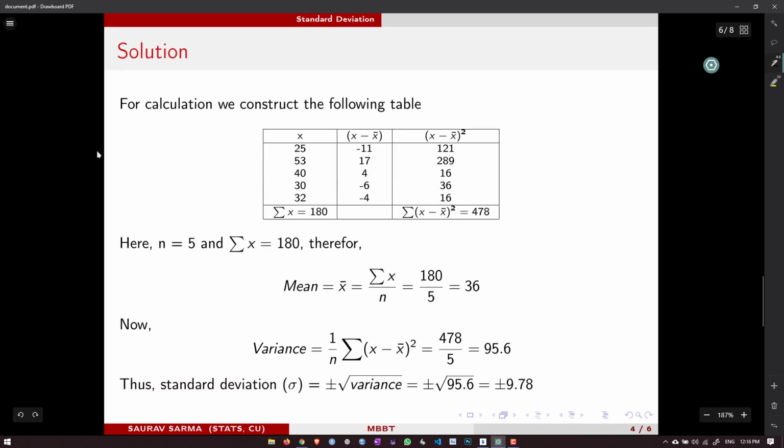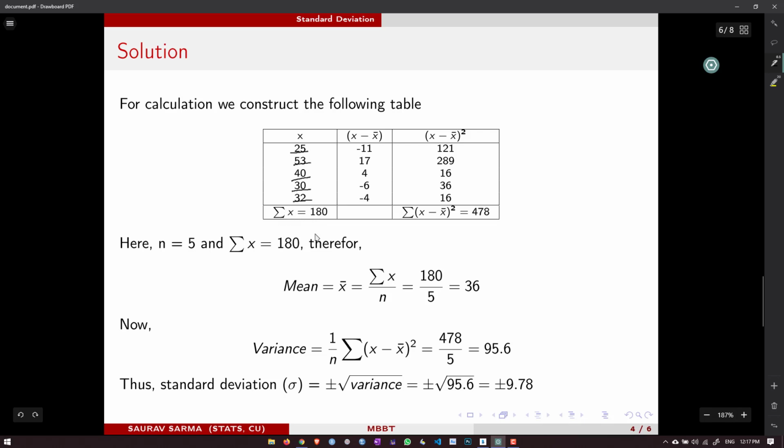Here, for ease of calculation, we normally create a table. If you don't like to create tables, you can calculate manually also, but creating a table makes calculation easier. So our values are 25, 53, 40, 30 and 32. These are our x. We have added them, that is summation x.